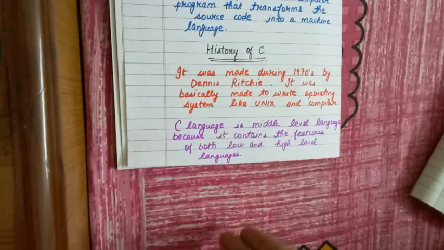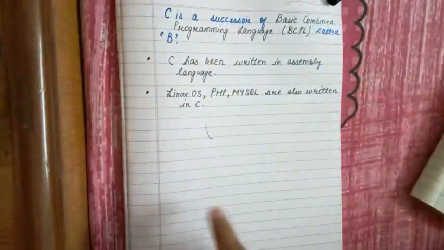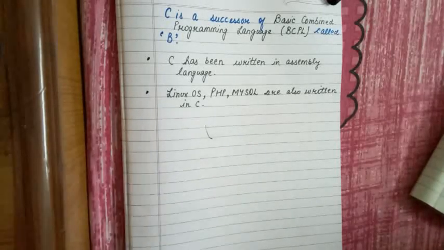So it contains some features of machine language and some features of COBOL, etc. C is a successor of the Basic Combined Programming Language, which is popularly known as the B language. Before C, it was B. That's why Dennis Ritchie named it C, because it was a successor of B. It has been written in assembly language, and Linux, OS, PHP, MySQL are also written in C.